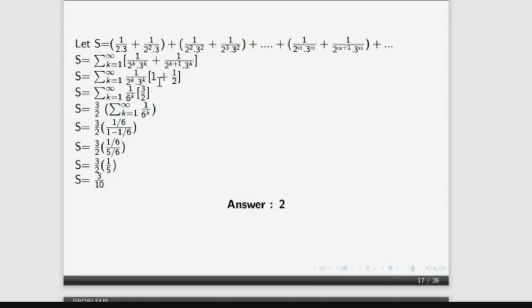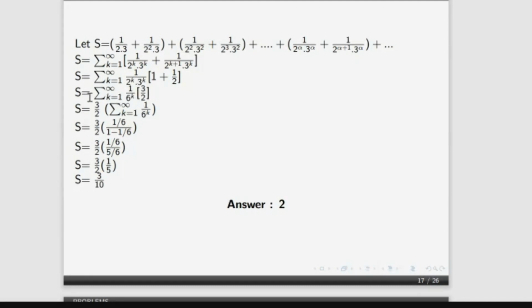So what remains is 1 plus 1 by 2, right? So this 2 power k 3 power k is 1 by 6 power k. And this 1 plus 1 by 2 becomes 3 by 2. So 3 by 2 being a constant, I have taken it outside. And what remains is summation k equal to 1 to infinity 1 by 6 power k.